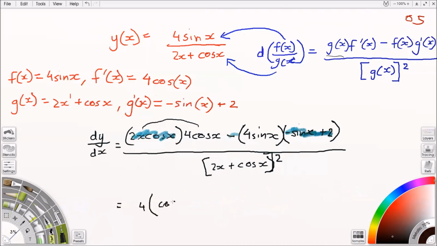So cos x 2x times by cos x. Ugh, what's happening to my writing?